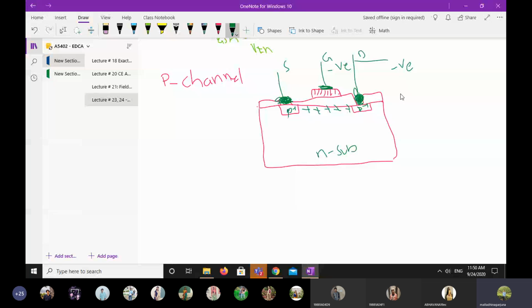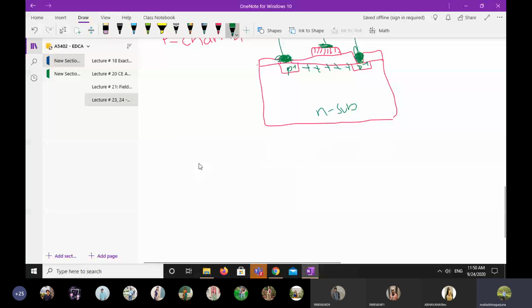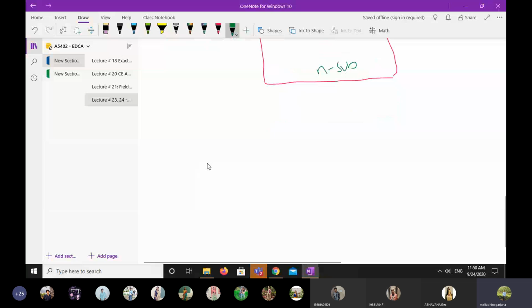So the characteristics will be like this. This is VGS in the negative direction, this is ID. As VGS keeps decreasing from 0, the current will increase in the positive direction, while keeping VDS constant.